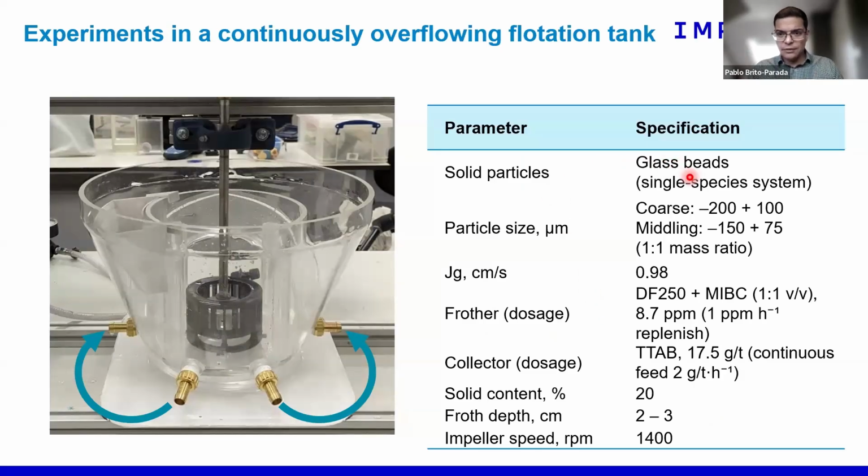So we had a representative system using only glass beads and then tracers with different properties. Coarse particles ranging from -200 to +100, middlings, and a 1:1 mass ratio. Almost 1 centimeter per second for JG, and you can see the details for the reagent system here as well. Again, recirculating in the cell so that we can run continuously for a long time.